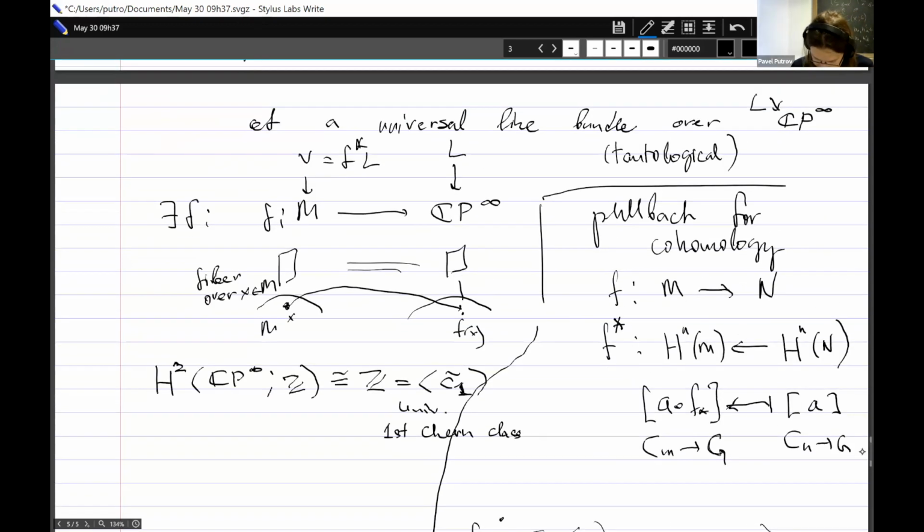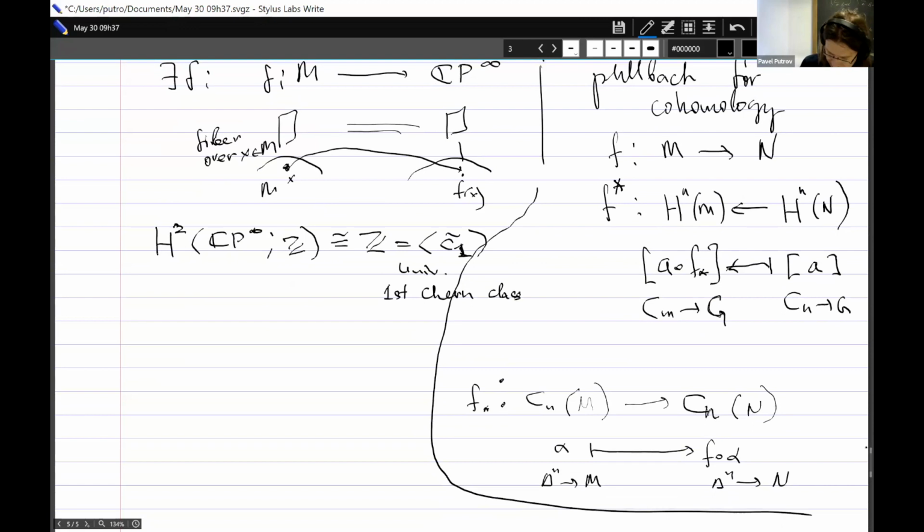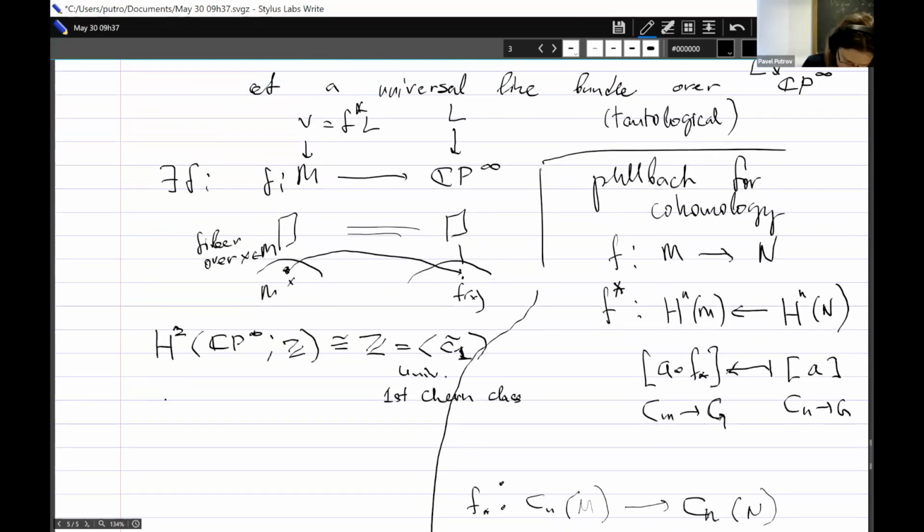And then the statement is that C1, which we want, is a pullback of this universal first Chern class.